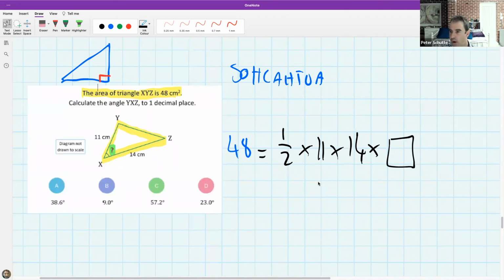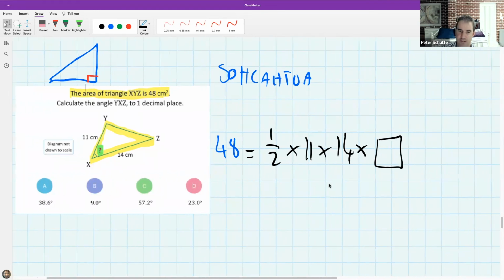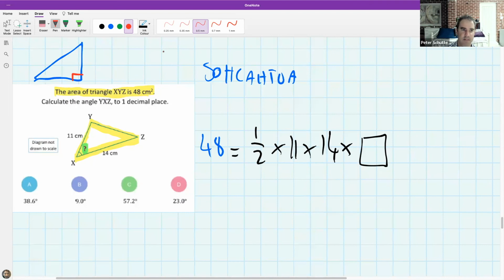So what other ways could we do it? What other ways were you thinking about? Well, let's try and finish this sentence over here. Would you agree with me that the angle between 11 and 14 is x? So the area would be 1/2 times 11 times 14 times the sine of x. Now, isn't this x what we're really after?